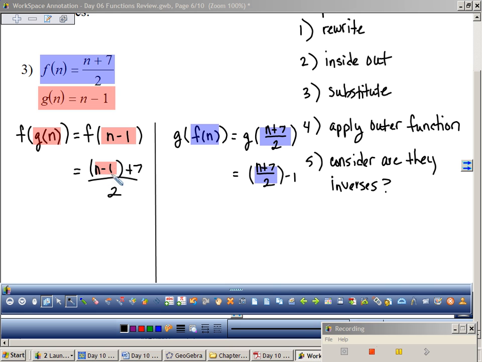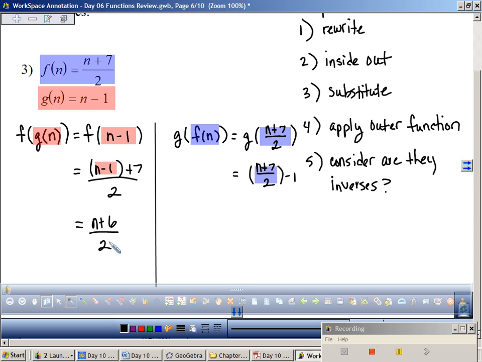Okay, let's simplify. N minus 1 add 7. N plus 6 divided by 2. Thank you. Just making sure you guys are paying attention. Okay. What about this one?